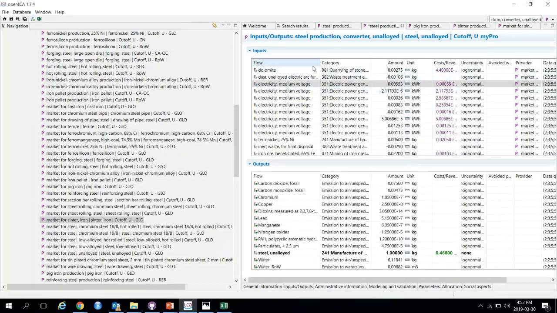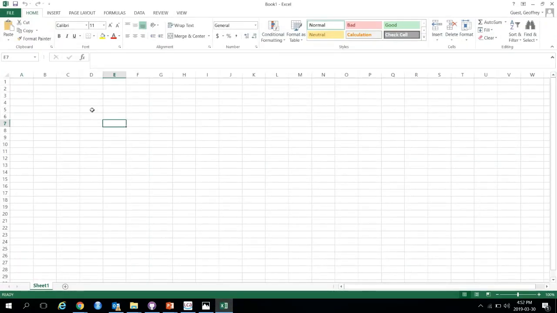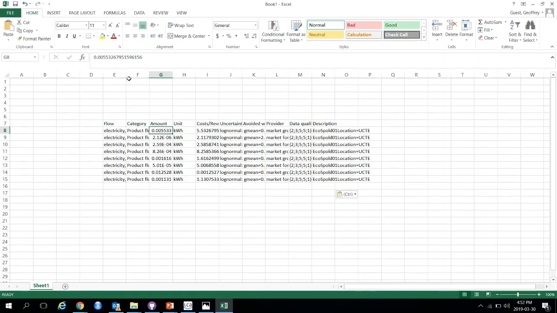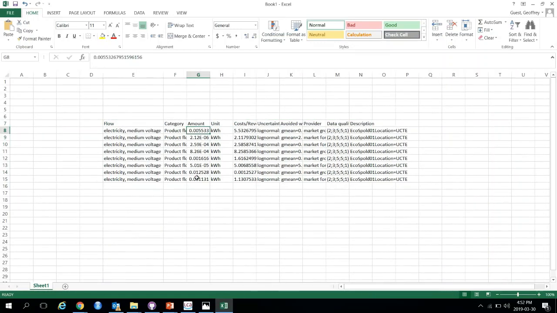and what's nice about openLCA is you can easily copy this into Excel. So I'm just going to copy it, and now we see these are all the electricity inputs, but we only want one. We might not get good information from the client. Maybe this is an example of an input that they don't give us very good information on.